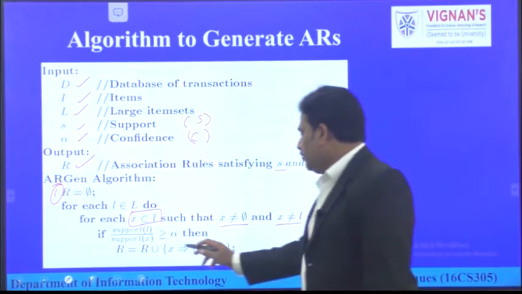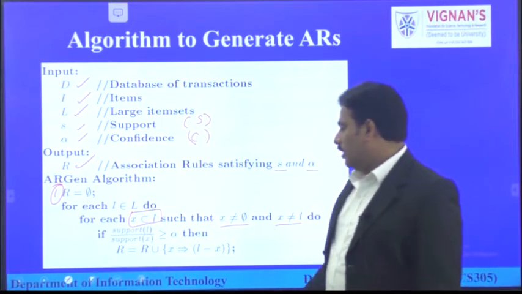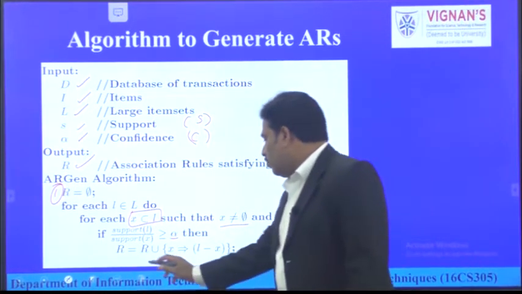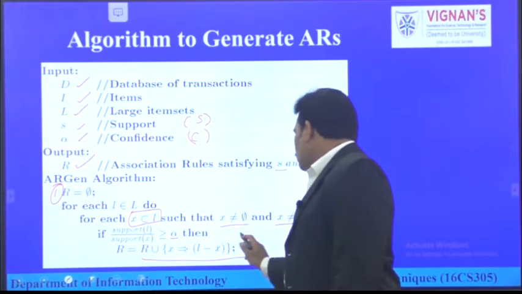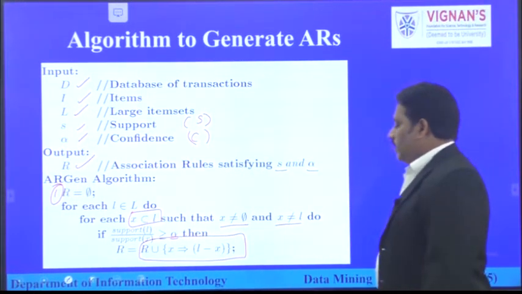What do we do? If support of l divided by support of x is greater than or equal to confidence, then R equals R union (x implies l minus x).